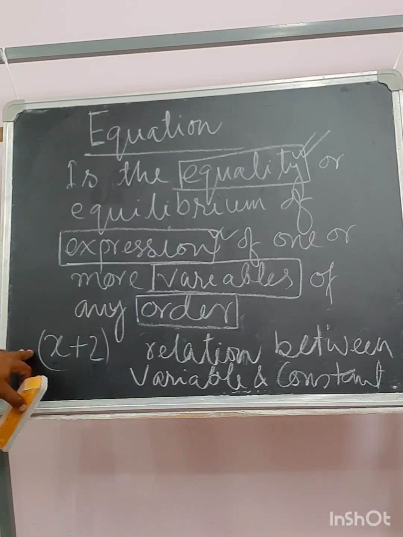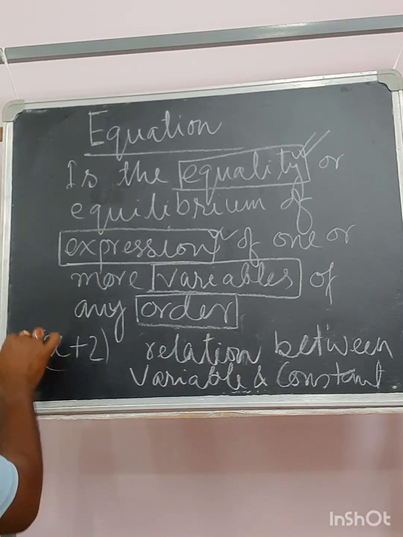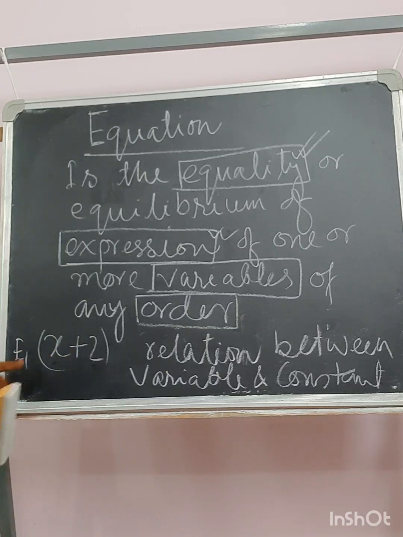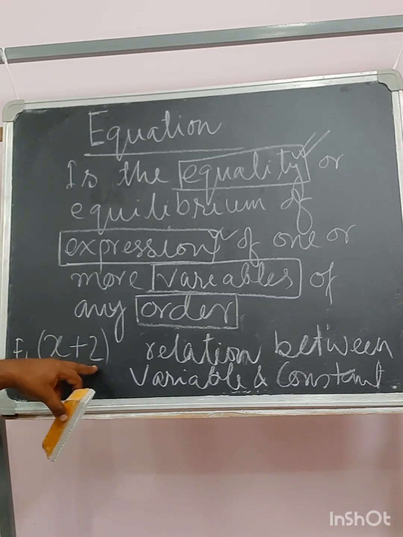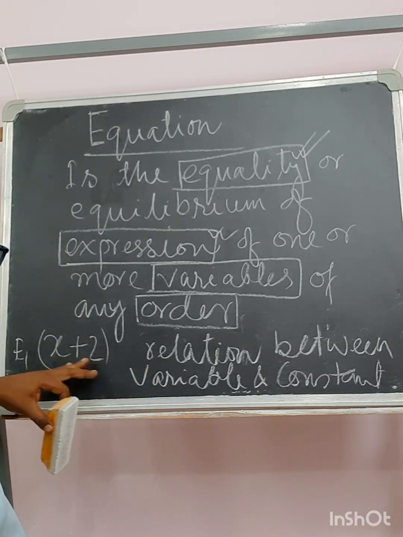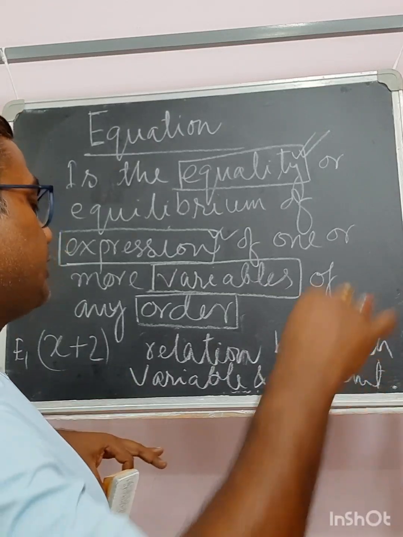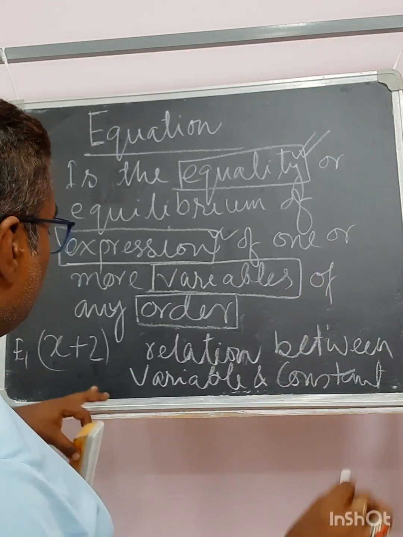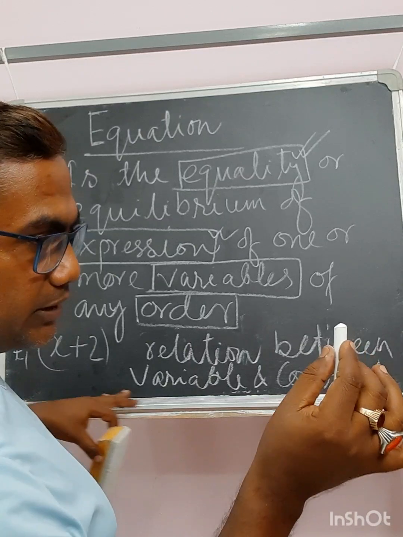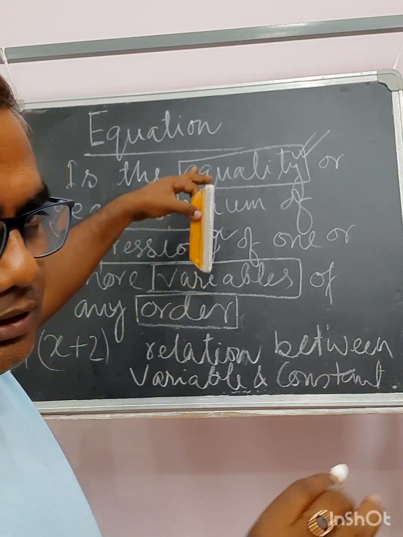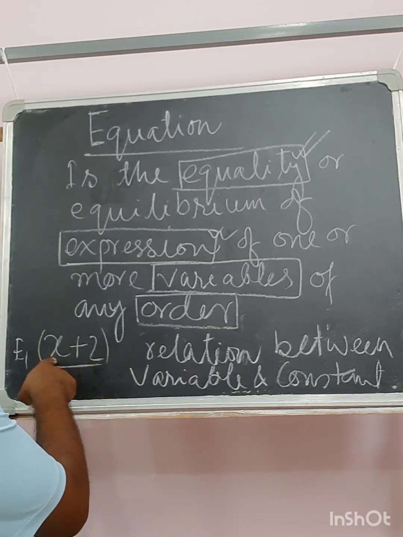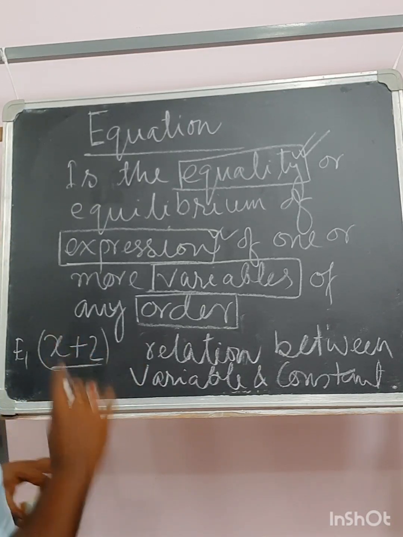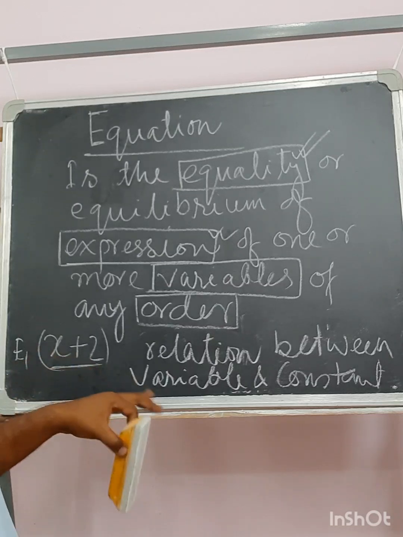I can name it U1, so U1 is expressed as x plus 2. This x plus 2 is nowhere related to any other terms to be declared an equation. It is only the relation between one variable and one constant. So an expression can be anything.